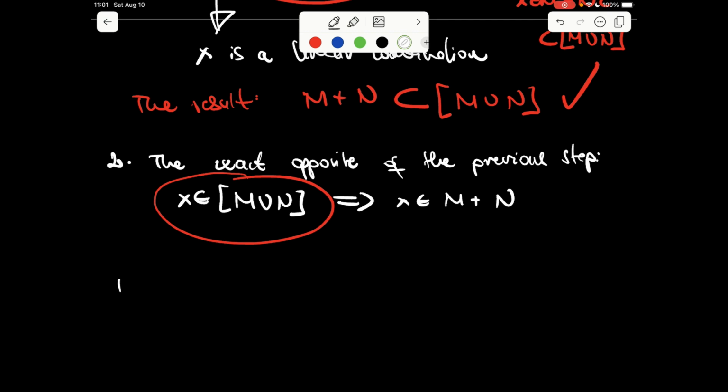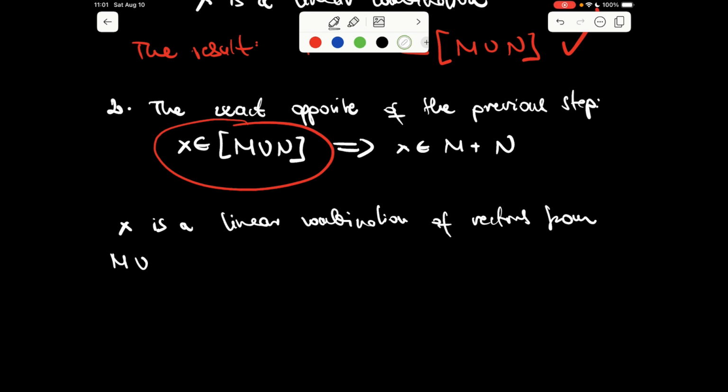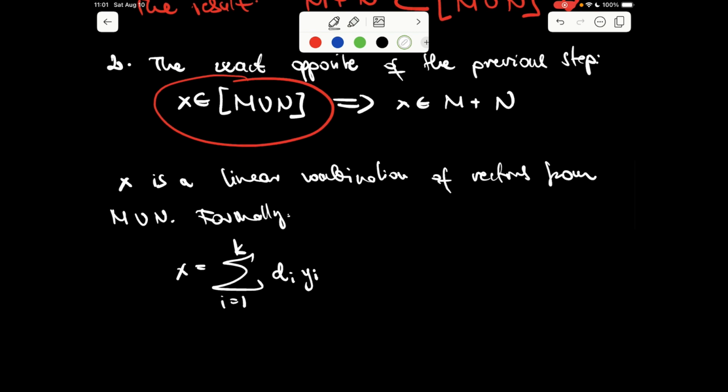Formally, X is a linear combination of vectors from M union N. Formally, X can be described as a linear combination where the scalars, the d_i scalars, are real scalars.